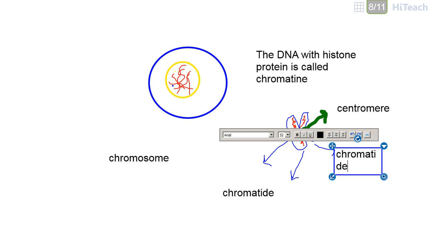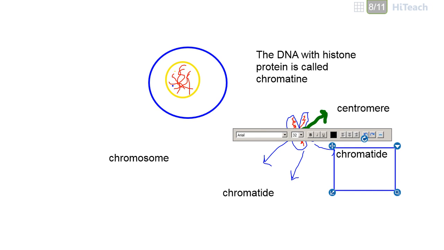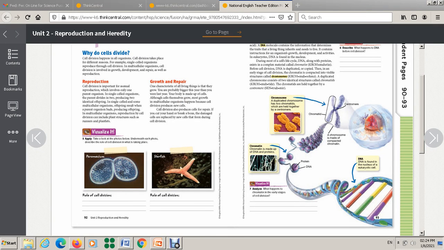Sorry for this. Let's go back to our figure. Maybe here it is not as clear. After copying the DNA, I told you the DNA should be copied to be prepared for cell division.